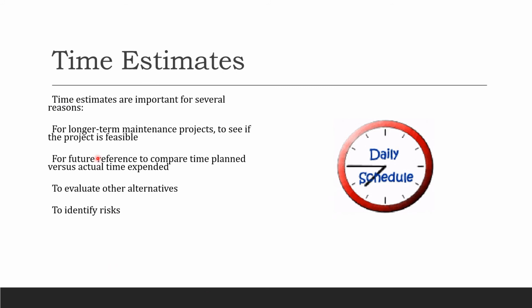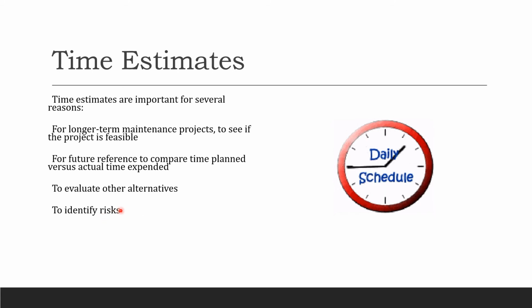So time estimates are important for several reasons. For longer term maintenance projects, to see if the project is feasible. For future reference, to compare time planned versus actual time expended. To evaluate other alternatives and also to identify risk.